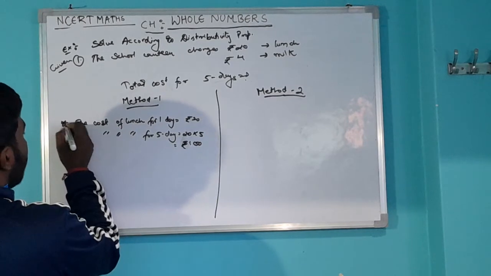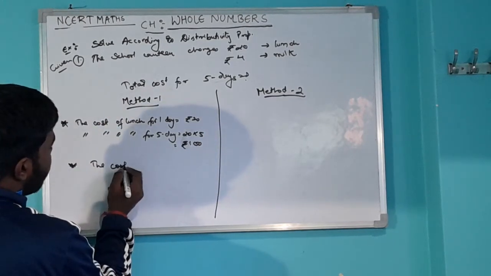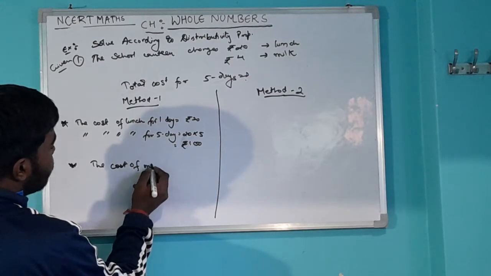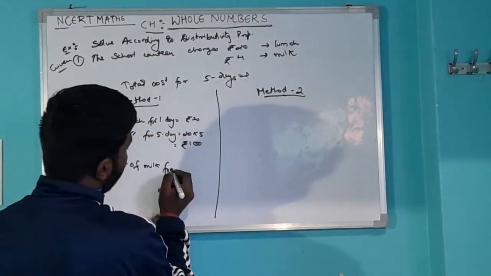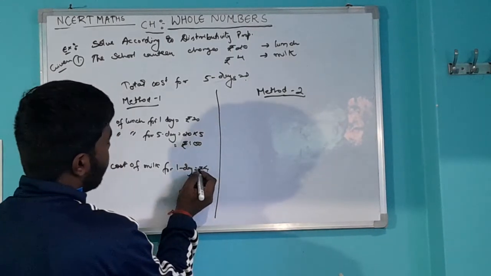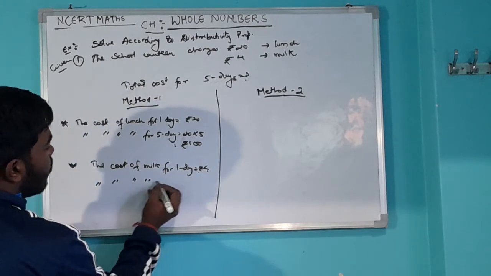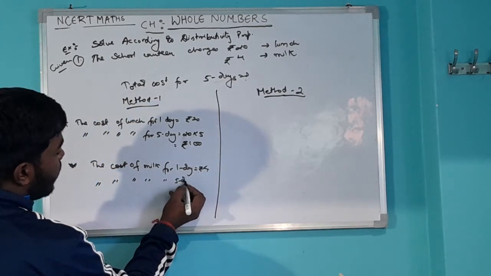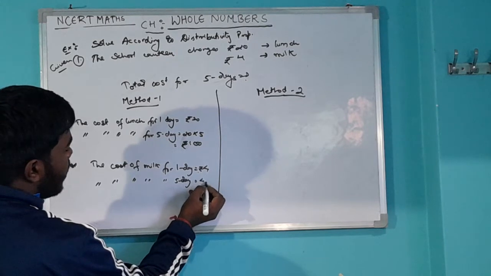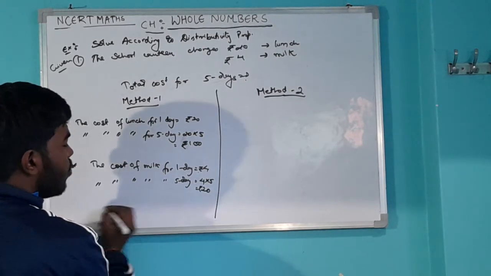For milk, the cost for 1 day is ₹4. Then the cost of milk for 5 days, we multiply 1 day's rupees by 5, we get ₹20.